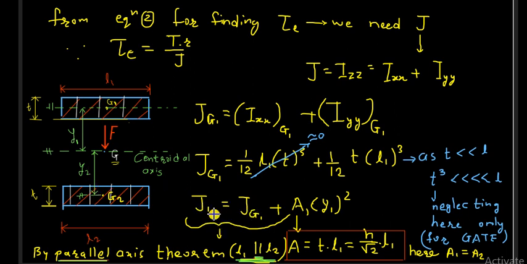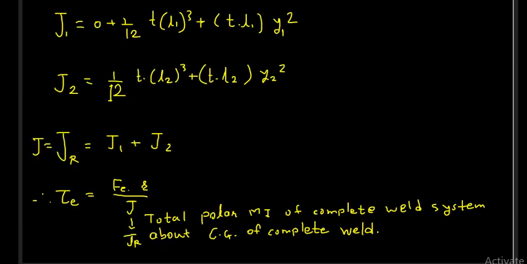Similarly, we will get the J1 and J2 values, and finally we will find the J. A is the resisting area, which we will find by equating A equal to T into L1. You know that T is h by root 2. Once we have got this J1 value and J2 value, the resultant J will be J1 plus J2.